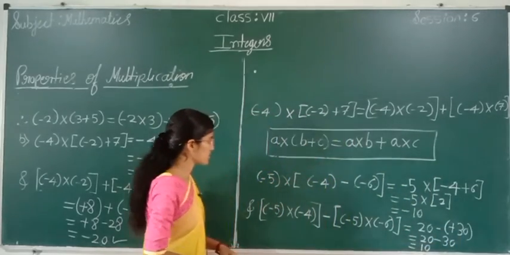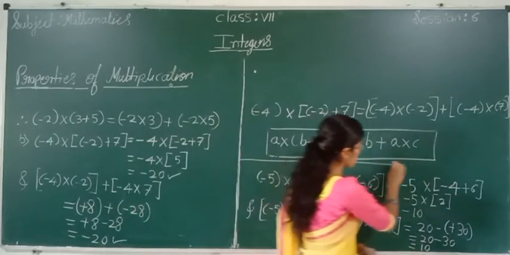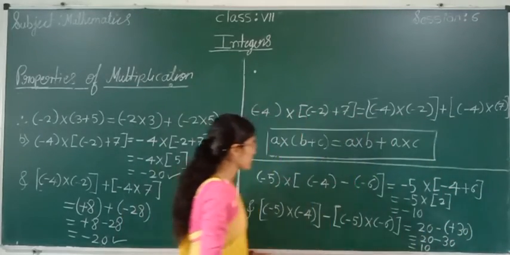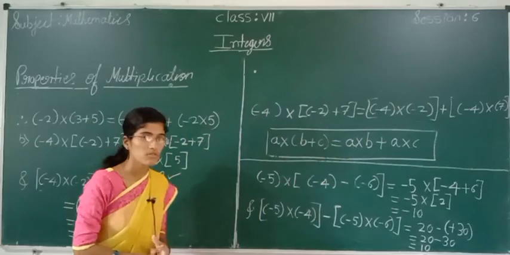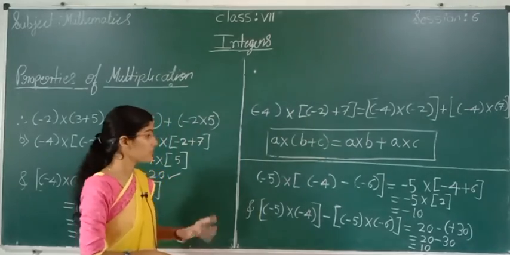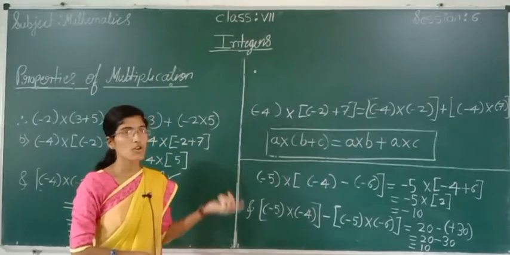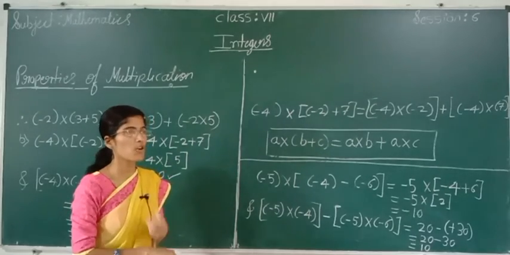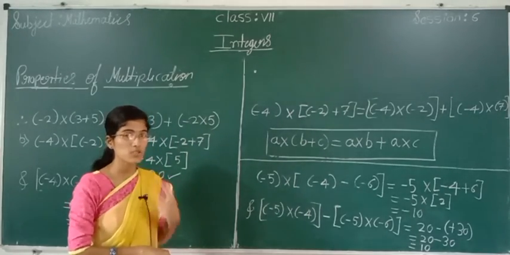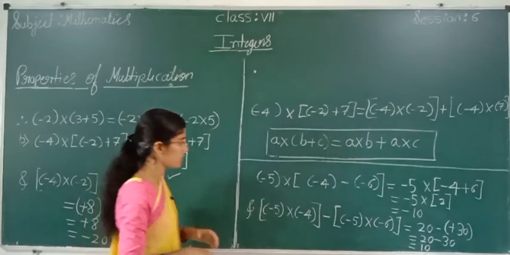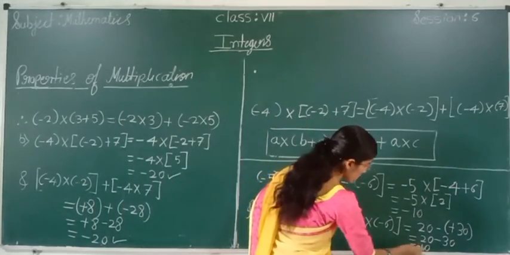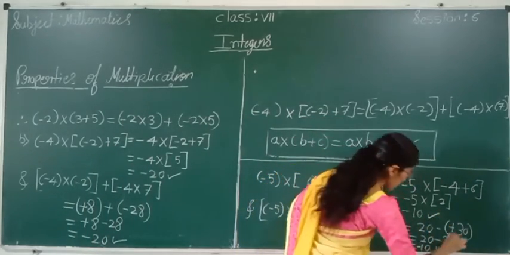So now see here, students. We are now seeing whether distributivity of multiplication over subtraction is true for integers or not. See here, both answers are coming the same.